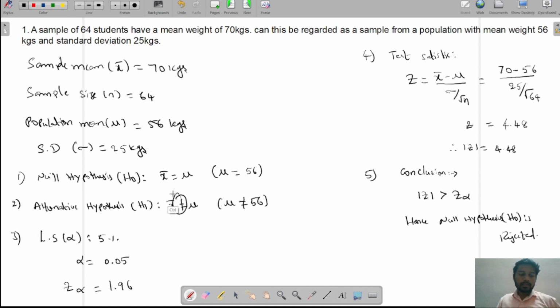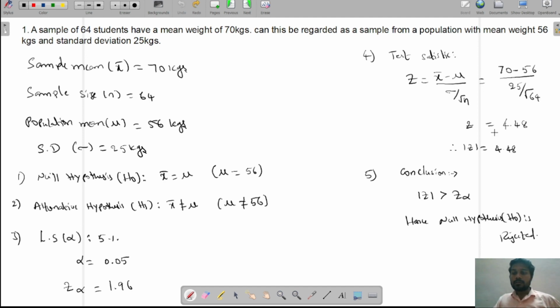Okay, right. So it is not equal, then at 5% level of significance your Z alpha value is 1.96. Then step number 4, test statistic Z equal to x bar minus nu by sigma by root n, which is equal to, substituting the values, I got the solution 4.48. Then step number 5, that is the conclusion. So what is the conclusion here?